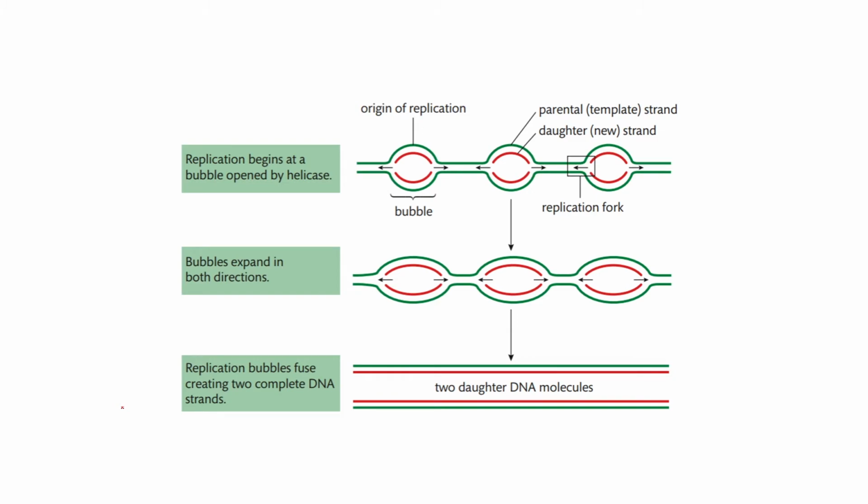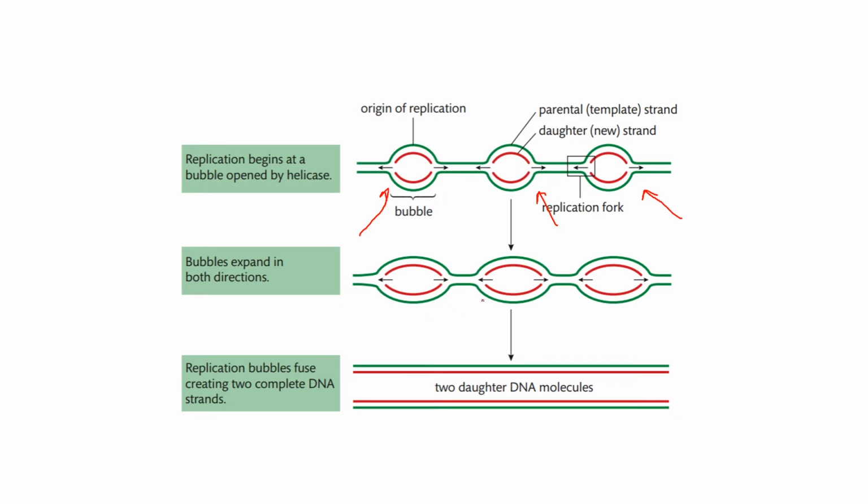Now, this entire process occurs in multiple different locations along a strand of DNA, and we refer to these as replication bubbles. So it will occur here, it will occur here, it will occur here on this double-stranded DNA. And the reason this occurs is just to make the entire process more efficient.